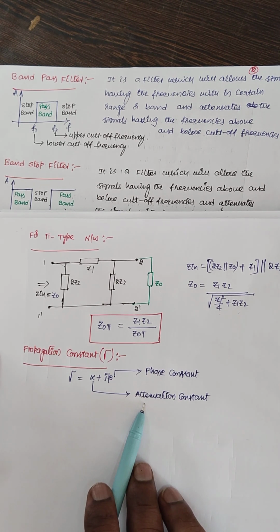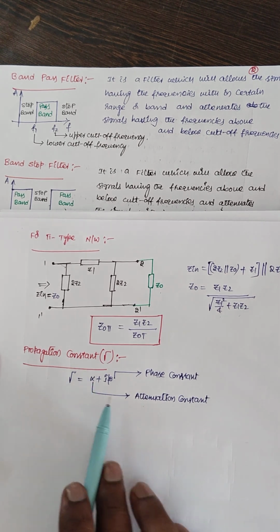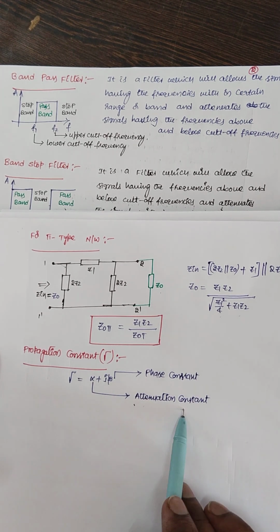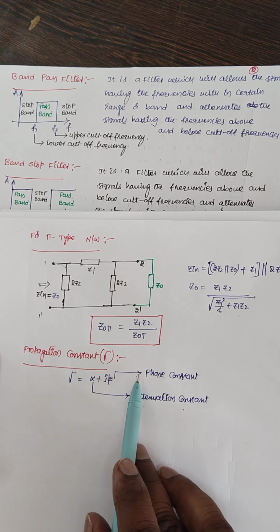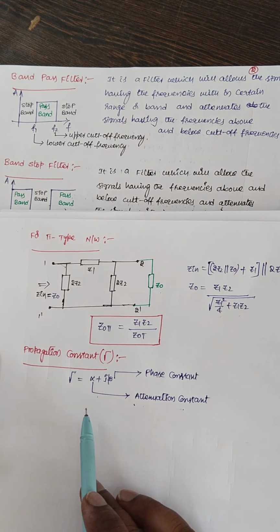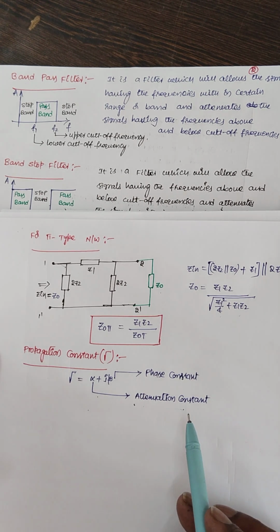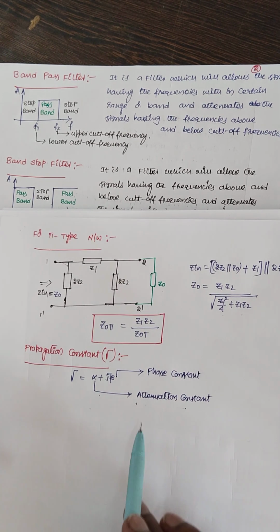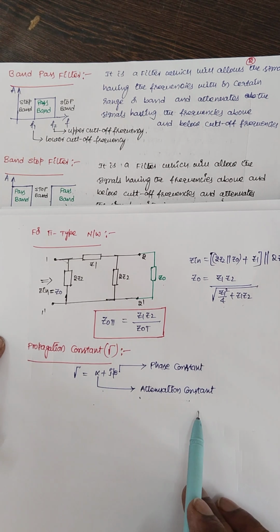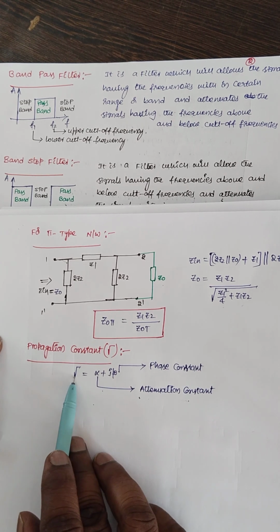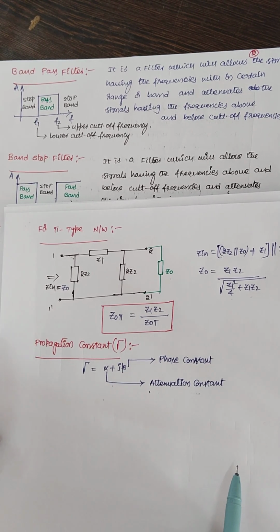There may be chances of reduction in the strength of the signal. This alpha represents that reduction of strength in the form of attenuation, and there is a phase shift between the input and output, or between the transmitter and receiver. There is a phase shift of the signal while the wave is propagating through the transmission line. So this can be represented with gamma is equal to alpha plus j beta.